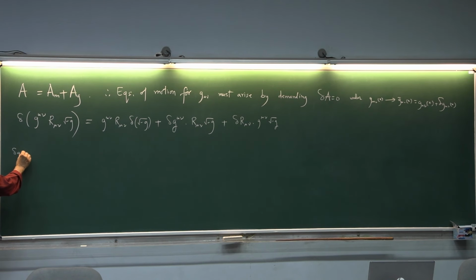What is small g? g is by definition the determinant, treating the covariant G mu nu as a matrix. Then delta g equals, I always forget which is plus and which is minus, so plus g G^{mu nu} delta G_{mu nu}.